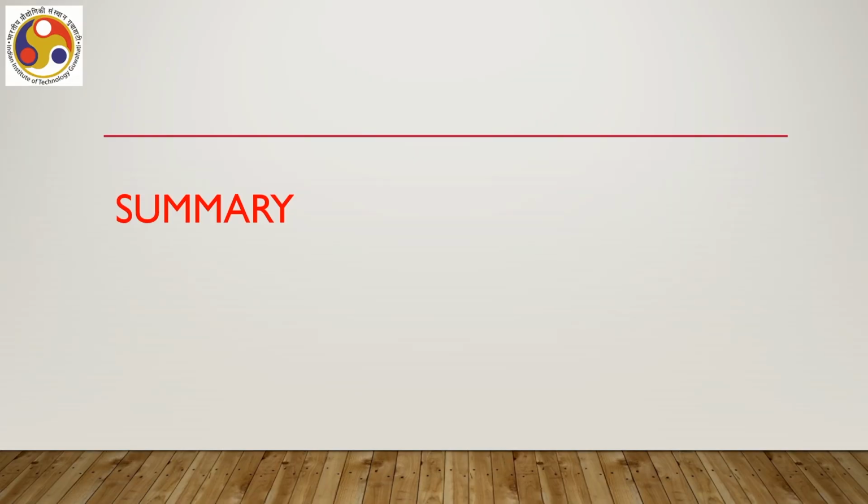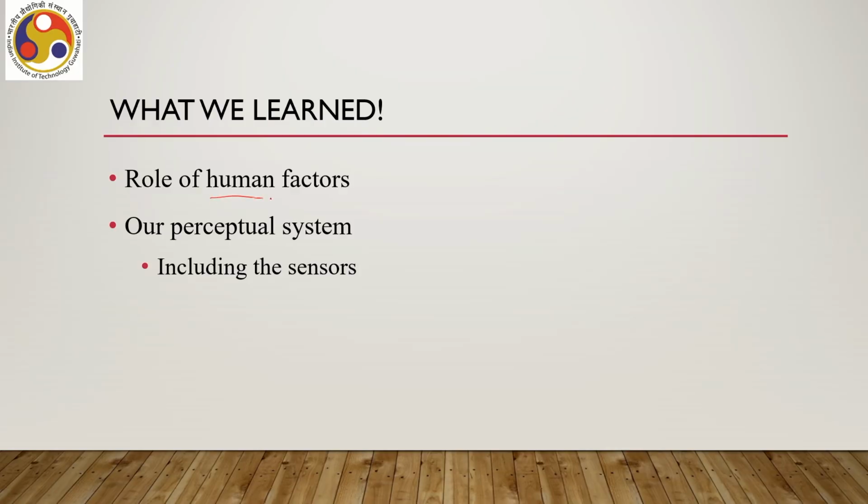So, in summary we can say that we need to have some idea of perceptual psychology in order to understand the role of human factors in extended reality systems, and we also covered a little bit of a part of perceptual psychology, that is the physiology of senses. What are the senses that we deploy to perceive the world around us?